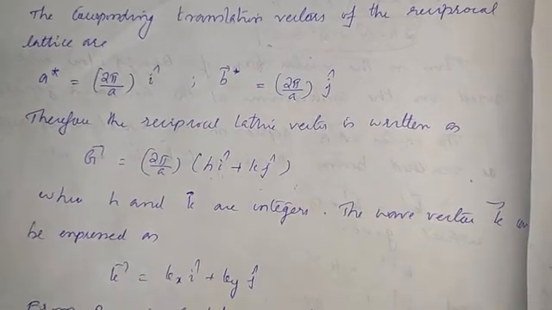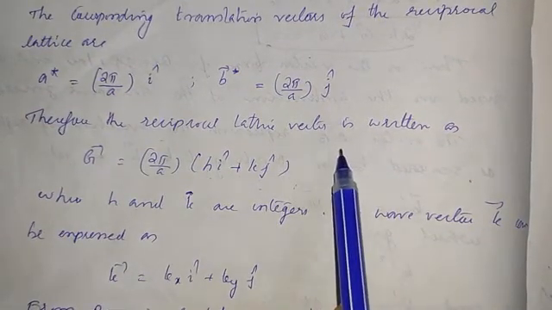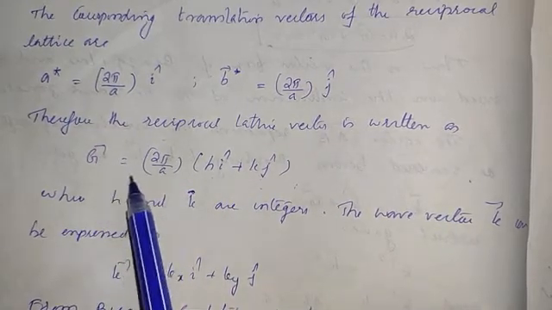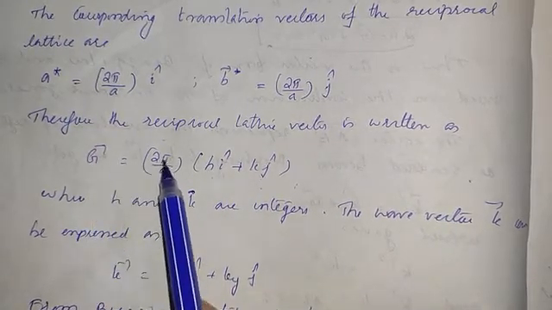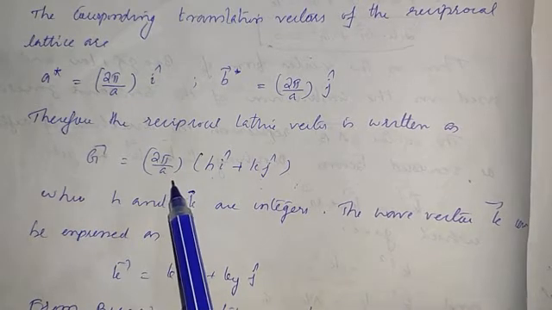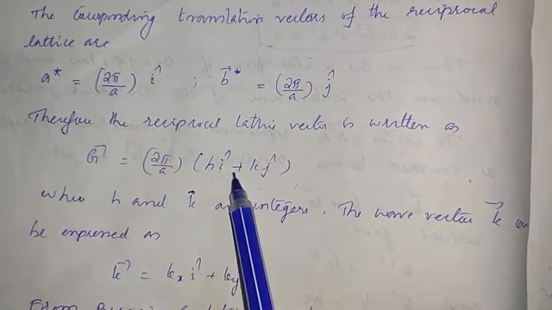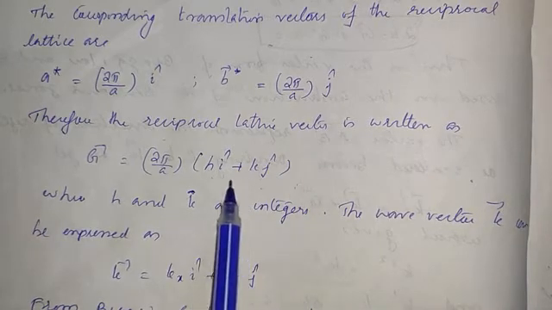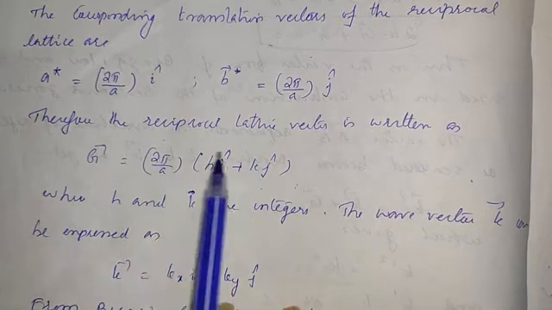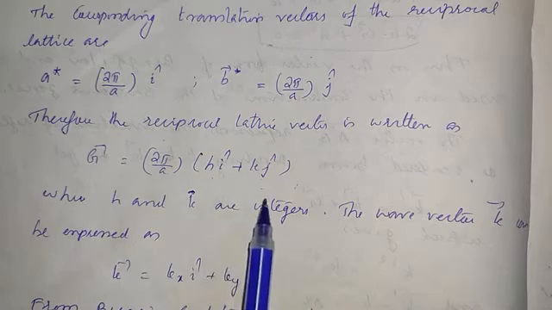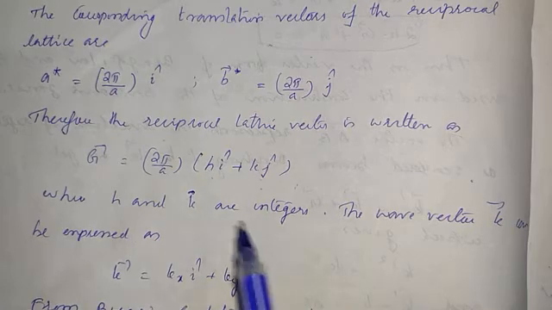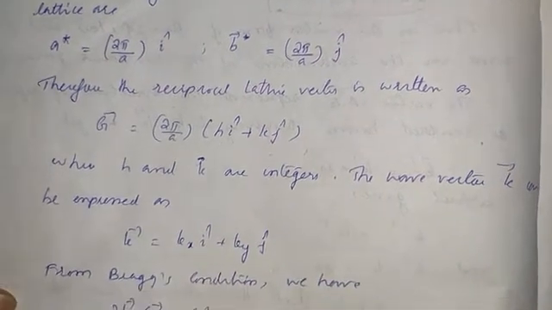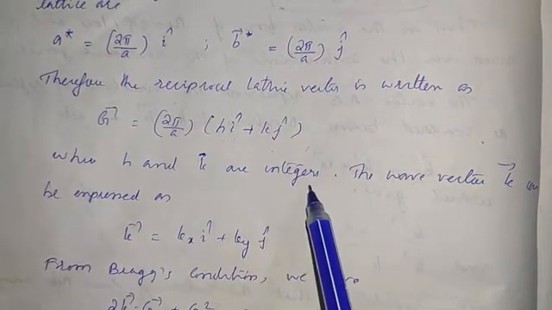Therefore, the reciprocal lattice vector is written as G = 2 pi by a (h i cap + k j cap), where h and k are integers.